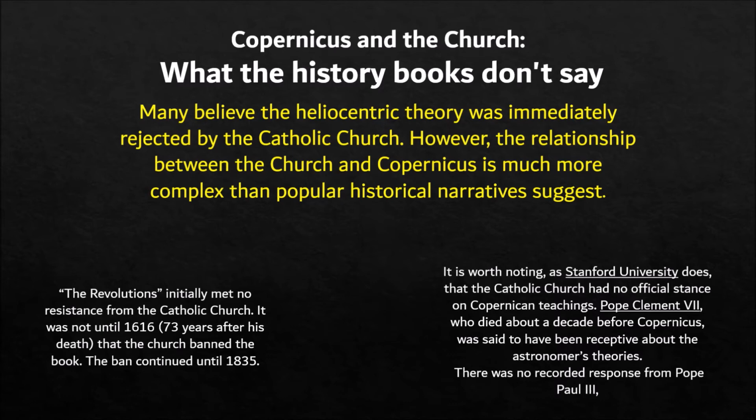It's worth noting that there are a lot of historians who will say this, like at Stanford University, that the Catholic Church had no official stance on Copernican teachings when this book was published. Pope Clement VII died about a decade before Copernicus. He's said to have been receptive about Copernicus's ideas and theories. There's no recorded response from Pope Paul III.